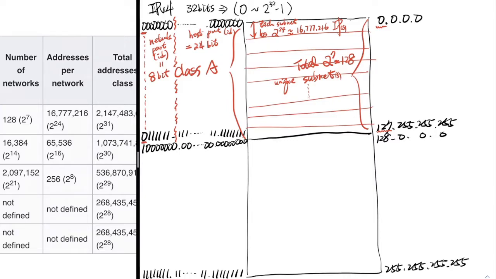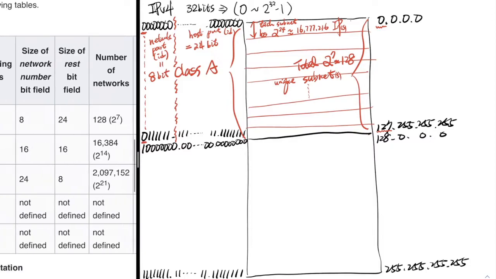So we have 128 unique subnets in class A, and for each subnet we have 24 bits. So for each subnet in class A we have 16 million IP addresses.